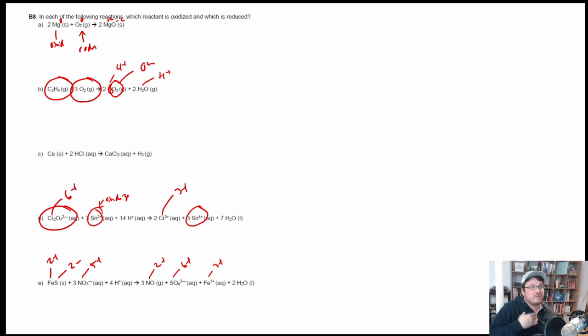And so you would consider the iron sulfide to be the reducing agent. You would consider the nitrate to be the oxidizing agent, even though the oxygen in the nitrate doesn't change oxidation state. It stays exactly the same. The only thing that's changing oxidation state is the nitrogen atom. But based off of that reaction, that's where you're going with that. Cool.